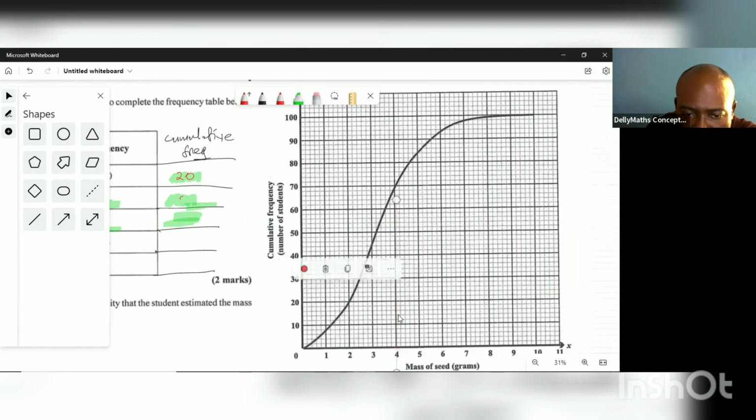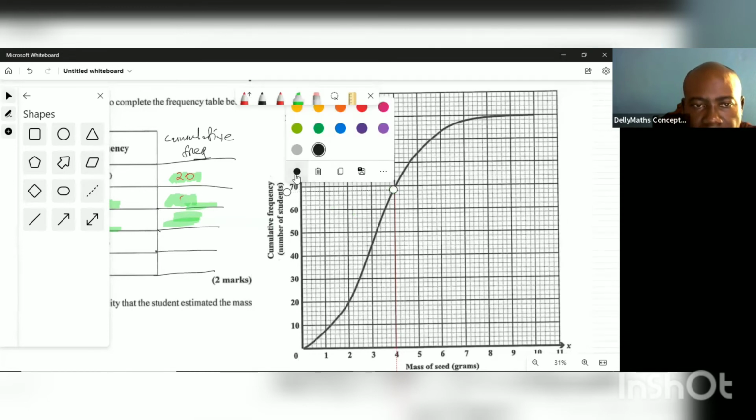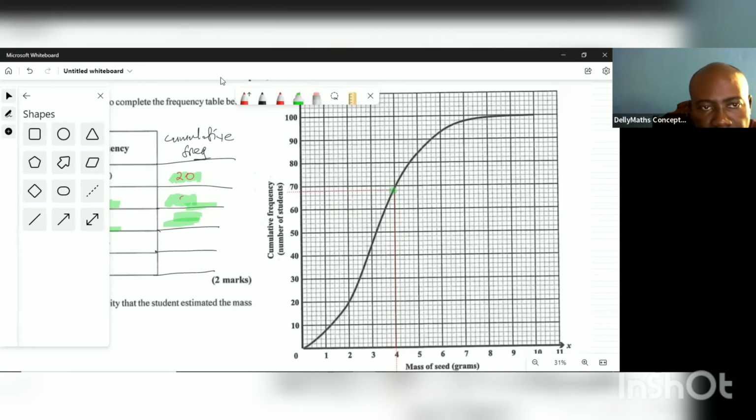Talking about 4, we take 4 up, and when we take 4 up, we're getting it right there. So 4 is touching the spot right here, and I need to take that across. We'll see that 68 right here. So this is 68.